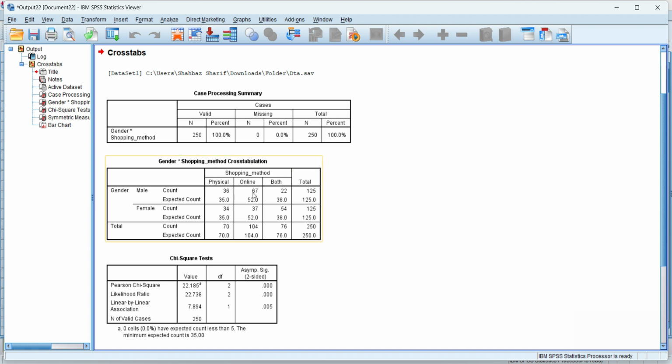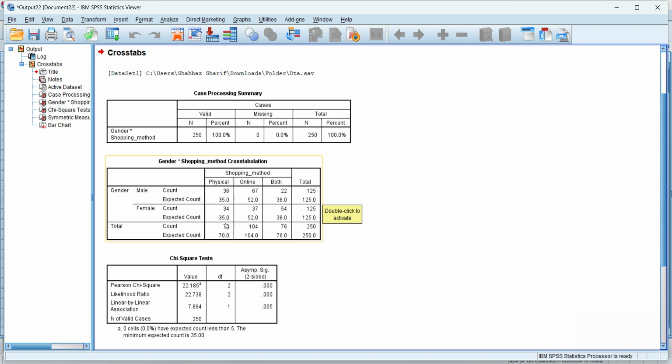On the other hand, 67 males were shopping online, and the expected count is 52. And 22 males were shopping using both methods, with an expected count of 38. So in observed and expected counts there is a large difference. You can see there is a significant difference.